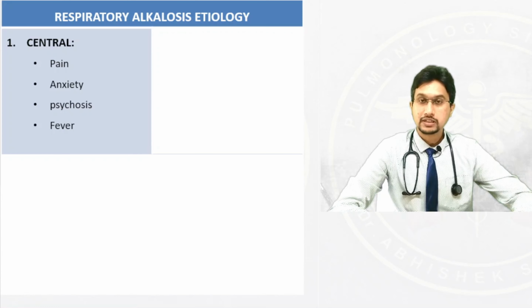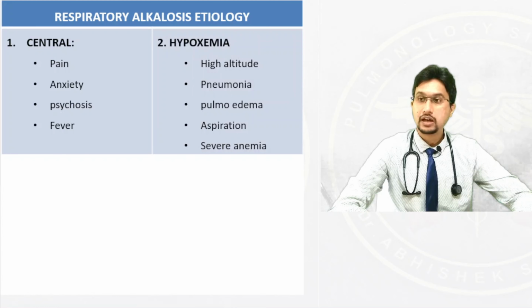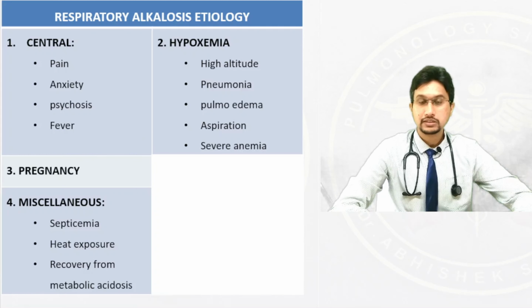The other cause can be factors that result in hypoxemia such as high altitude, pneumonia, pulmonary edema, aspiration and even in case of severe anemia. The physiological factors such as pregnancy, also other factors such as septicemia, heat exposure and recovery from metabolic acidosis.